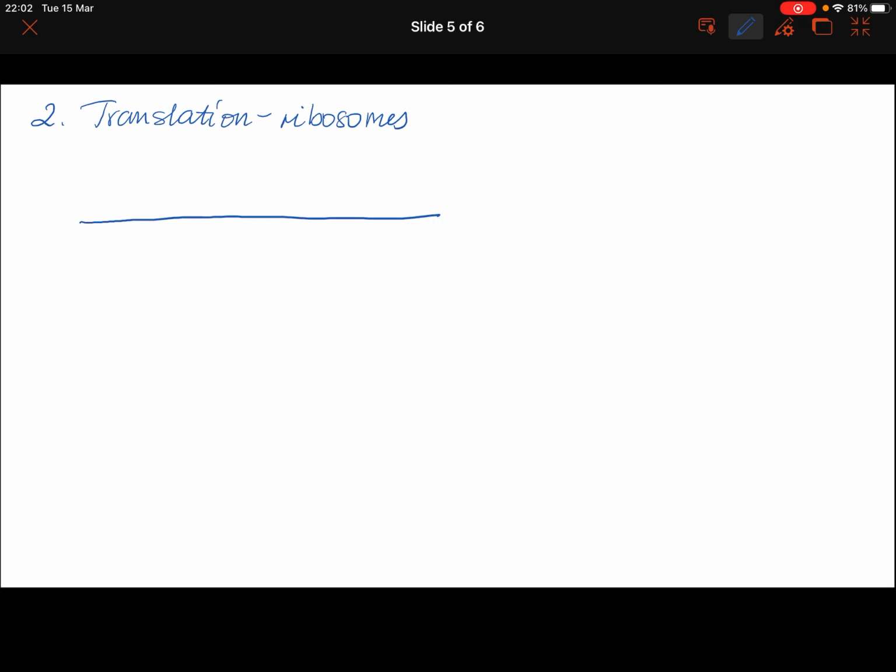So we've achieved mRNA in the process of transcription, or following splicing. This mRNA attaches to ribosomes.